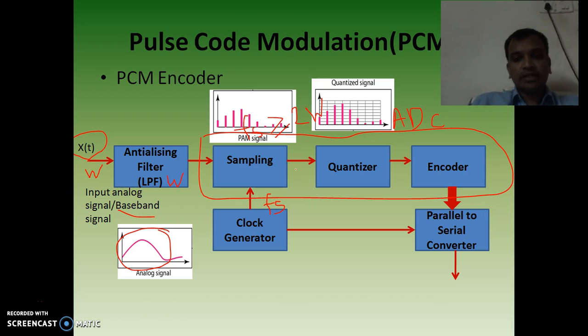Let us look at the quantization process in detail, and again we'll come back to the encoder. Up to this point, in mathematical form, X is represented in the form of X of nTs. So the waveform you are looking at here is nothing but X of nTs.